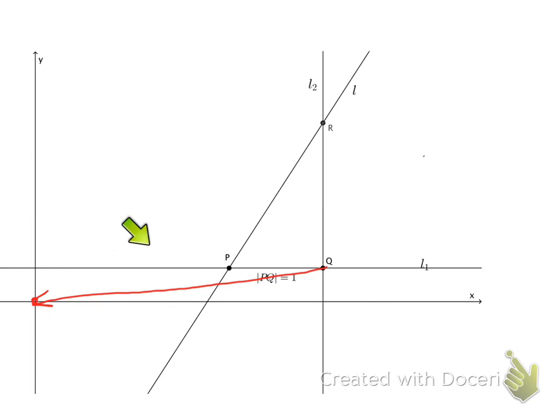Okay, so let's see what that's going to look like. When we do this translation, point R is going to come over here. It's not a very good line here, but this vector that I'm translating along is going to move point R down and to the left, and I want QR to coincide with the y-axis right here.